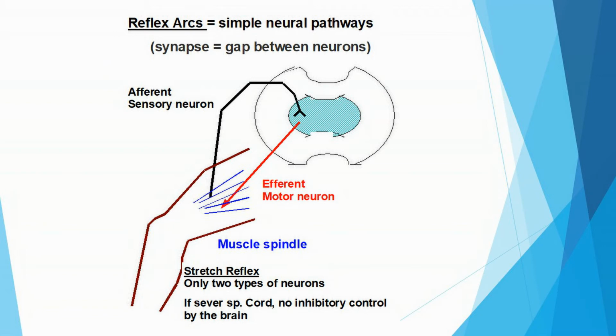For someone whose spinal cord is intact, think about it. If you're sitting with your leg crossed and somebody taps you on the knee with a little rubber hammer, you can stop your leg from kicking. You have inhibitory control over the stretch reflex. But if someone has had spinal cord damage disconnecting the brain from the lower body, then there is no inhibitory control by the brain, and the individual's leg will kick.